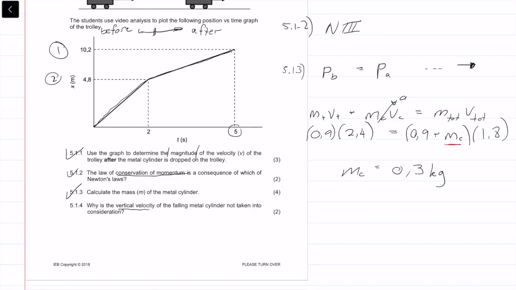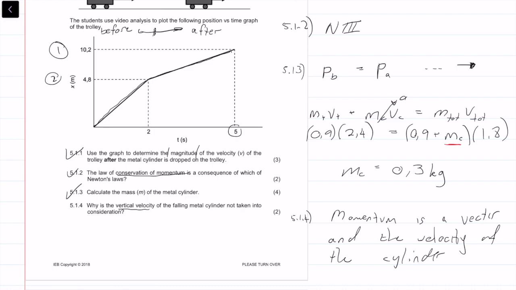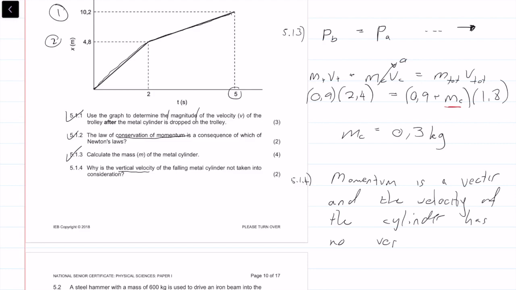Okay, so we already answered that in the previous question essentially, but if we want to give a formal answer, we can say that momentum is a vector, and the velocity of the cylinder has no horizontal component.